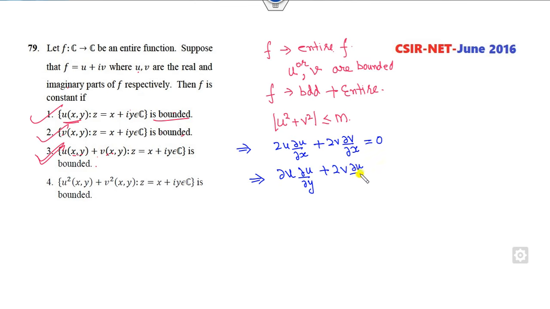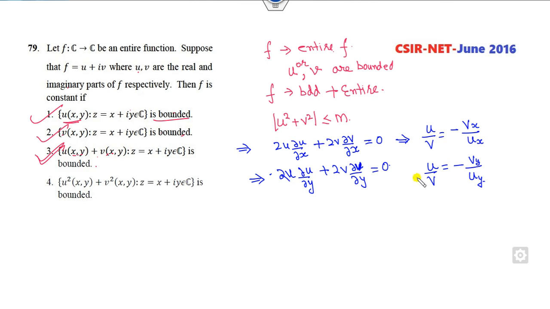Here, v_y is equal to 0. So from here you can easily see u over v is minus vx over ux, and from here u over v is minus vy over uy.